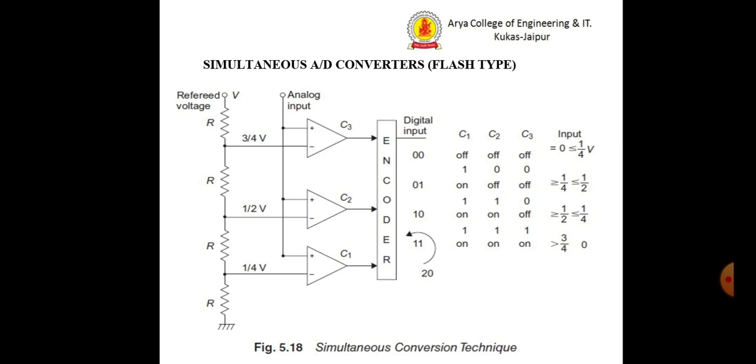The analog input voltage can be resolved into four equal steps. These four output conditions can be coded to give two binary bits of information. The comparator outputs can be encoded to give a 2-bit output.